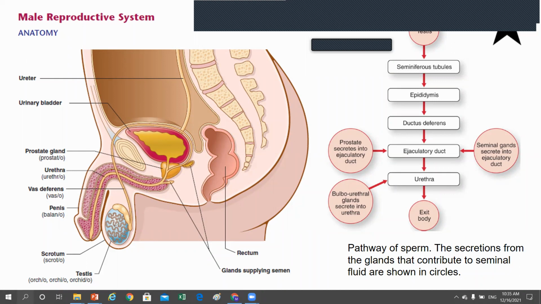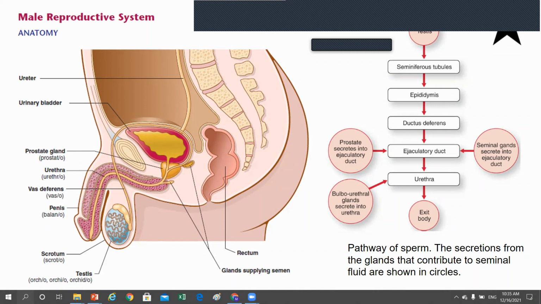When it is mature, it is a haploid cell, and haploid means that it has all characters written on the genes in a number made to half. So 46, 2n, has gone to 23, n. From diploid, this cell is haploid.